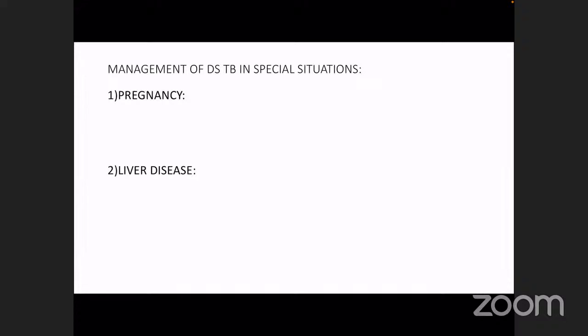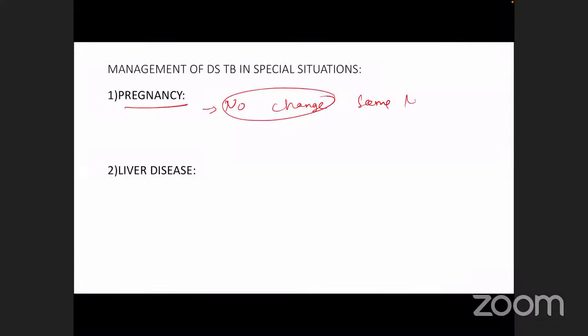For example, you may want to use this drug if patient has developed some, I would say, drug induced hepatotoxicity, or induced hepatitis. If patient has developed, in that case you may use streptomycin. Otherwise, it does not have a role upfront for management of DSTB. Okay, now for pregnancy, no change. So same treatment, same duration.